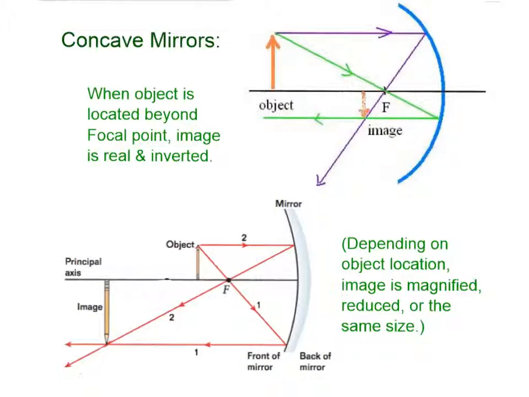However, if our object, here we have our pencil, and it is in between that point of the focal length and 2 times the focal length, right here, this would be 2 times the focal length at that point. And when we place our object in between there, we get a real image, but it is magnified.